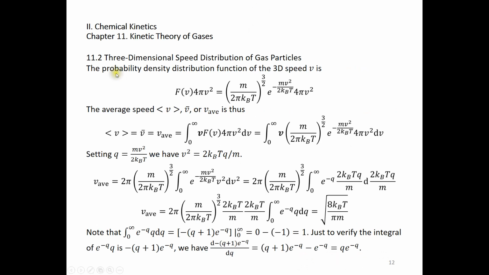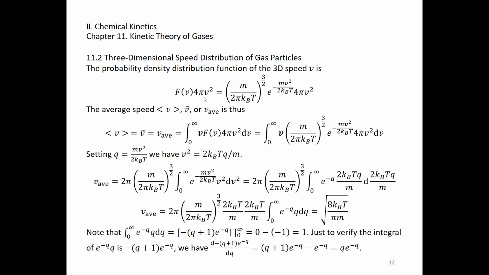Well, the probability density distribution function, or simply probability density function, of the three-dimensional speed v is this. Again, don't forget about this 4 pi v squared term. If you don't remember this, actually this is simply the surface area of a sphere that has a radius of v.